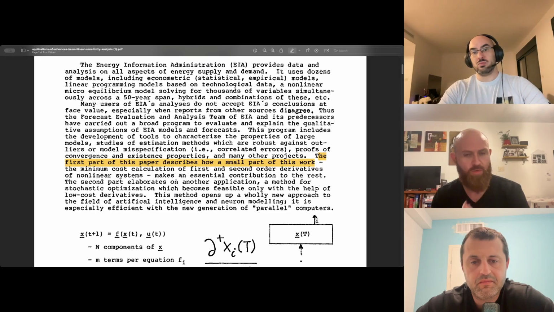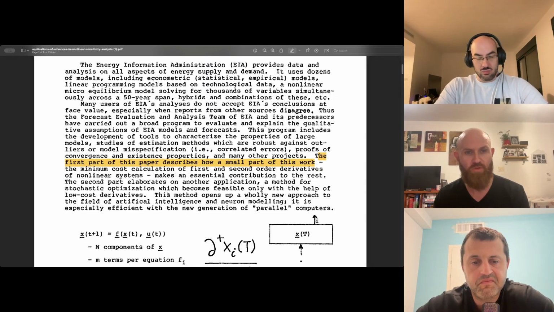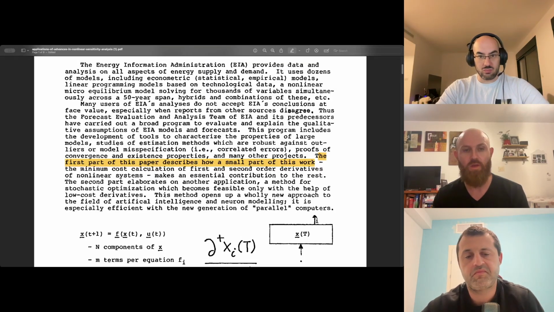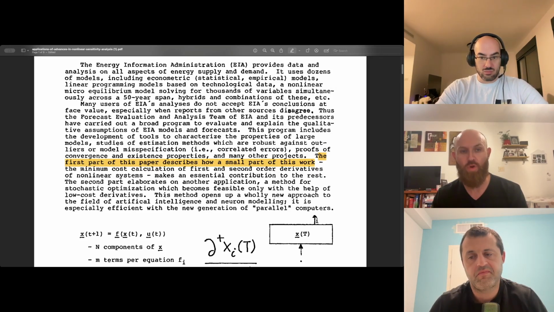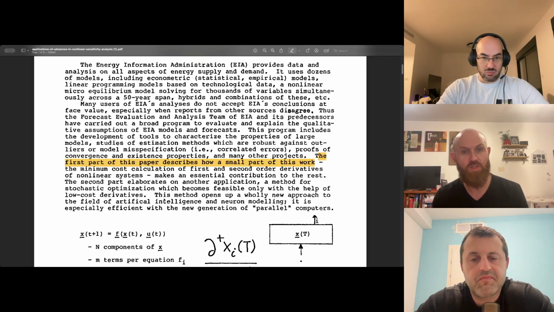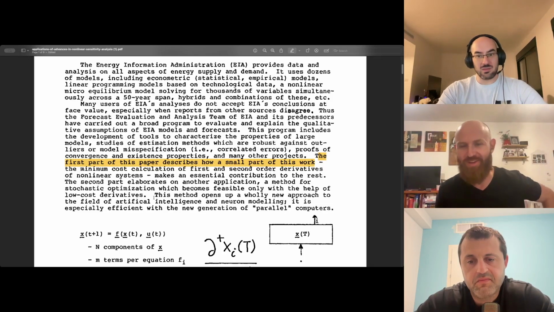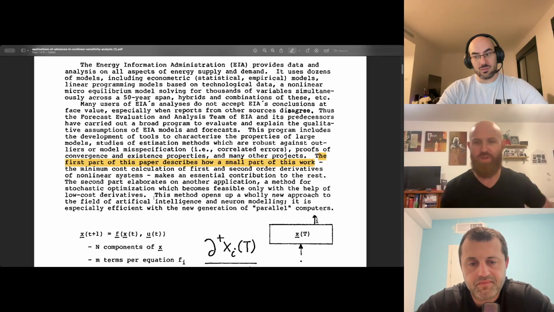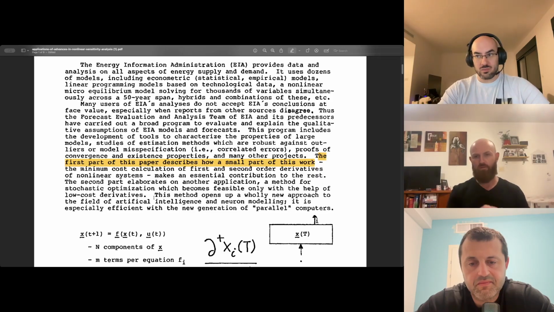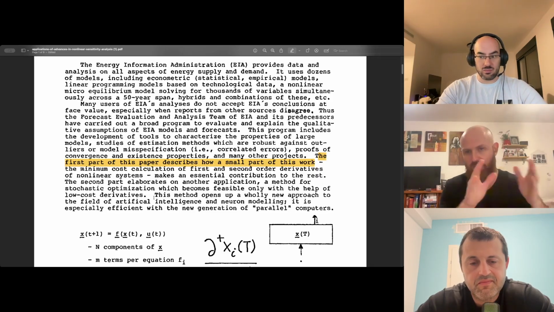The second part elaborates on another application, a method for stochastic optimization, which becomes feasible only with the help of low-cost derivatives. This method opens up a whole new approach to the field of artificial intelligence and neuron modeling. It is especially efficient with the new generation of parallel computers, which is also interesting because it touches upon hardware advancements that happened in the 70s and early 80s.